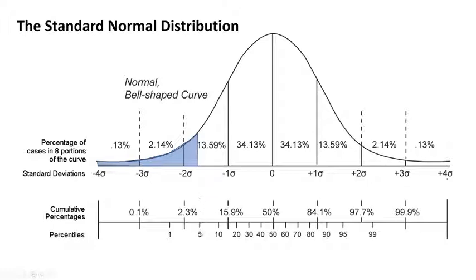Well, the answer to that is 5%. 5% of the total area under the normal distribution ends here, somewhere between -2 and -1 for a value of z. So it's somewhere between 2 standard deviations below the mean and 1 standard deviation below the mean. Kind of closer to 2, isn't it? But that's going to be 5% of the data here.